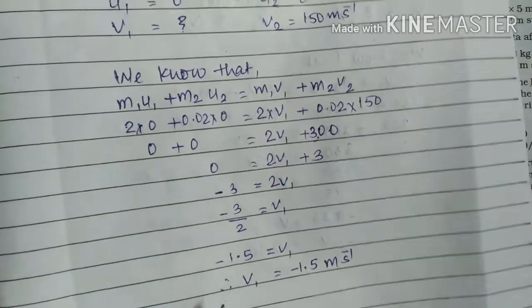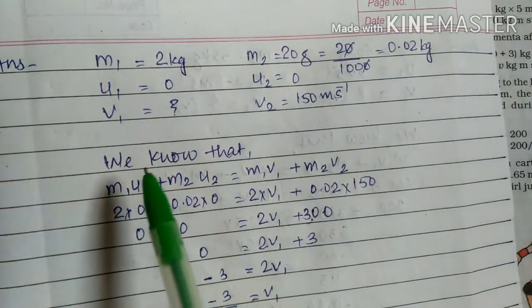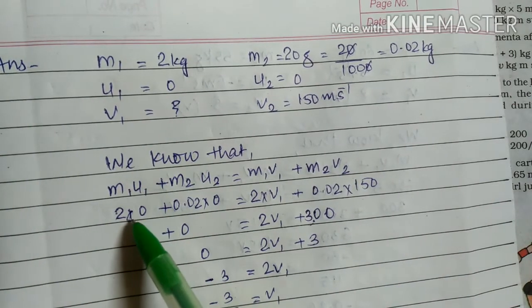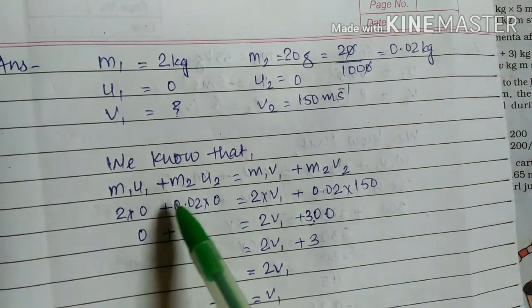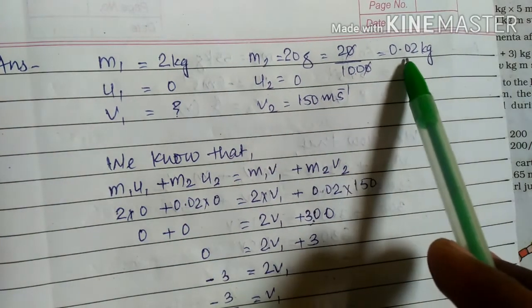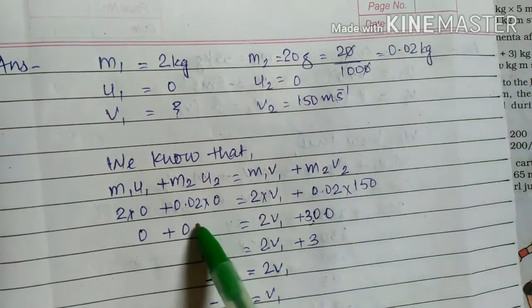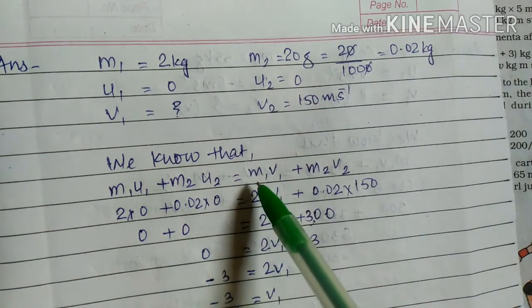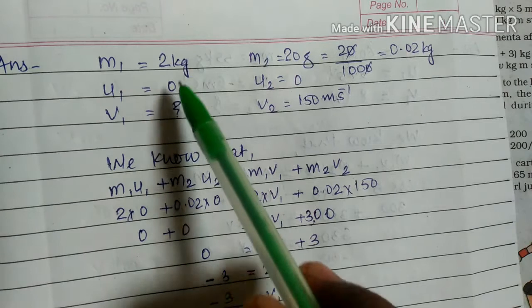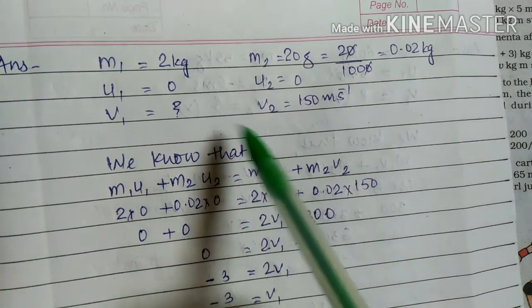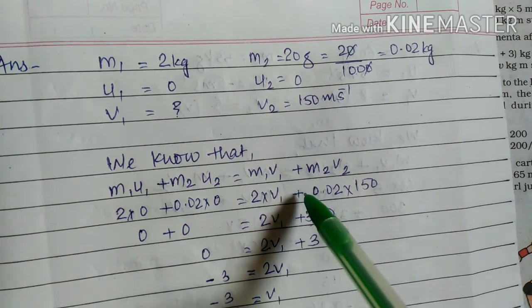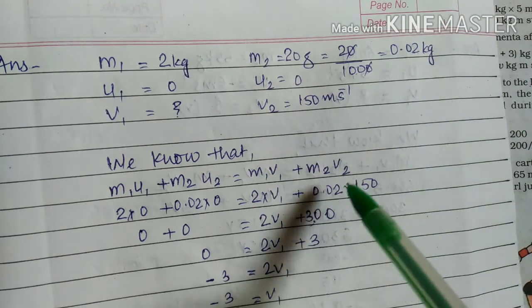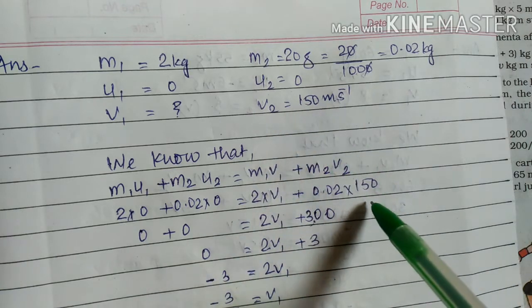First m1 we have taken here, m1 is 2, then u1 is 0, so 2 into 0, plus m2 is 0.02 kilogram, 0.02 into u2, which is also 0, is equal to m1 which is 2, into v1, which we have to calculate, plus m2 0.02 into v2 150.